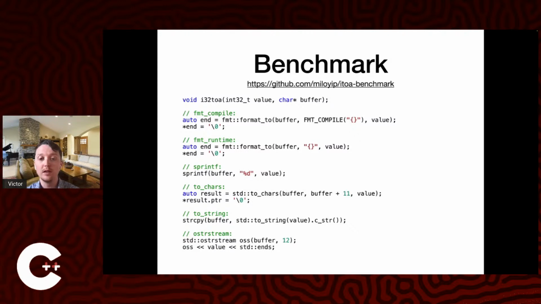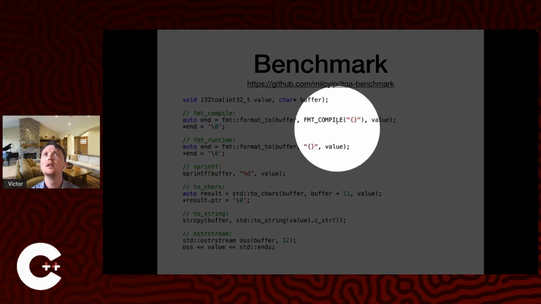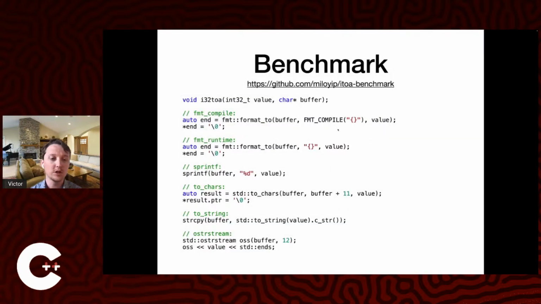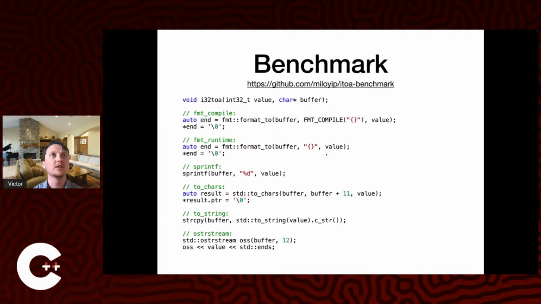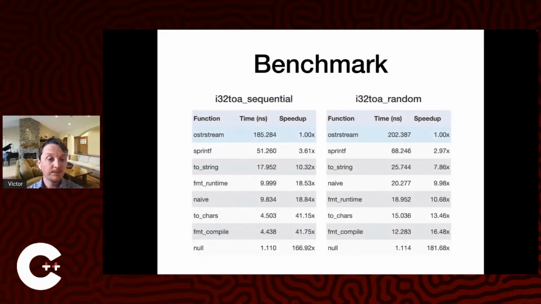We compare format with compilation, FMT_COMPILE here, which is just a slightly more portable macro version of the _cf UDL shown previously, format with runtime format string processing, which is the default, and we test printf, to_chars, to_string, and ostringstream, sorry.